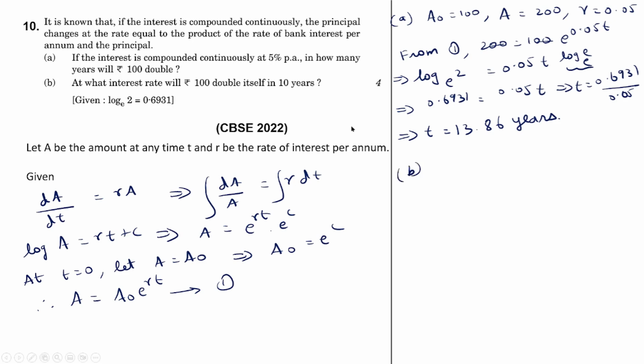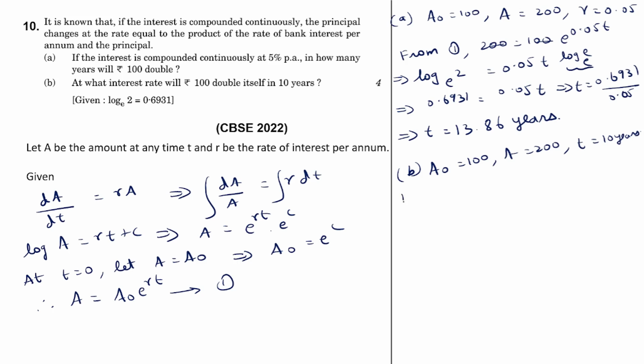The next subdivision: at what interest rate will rupees 100 double in 10 years? So if we want to know the rate of interest at which rupees 100 will double itself in 10 years, then here again A0 is 100, A is 200, and time is given as 10 years.